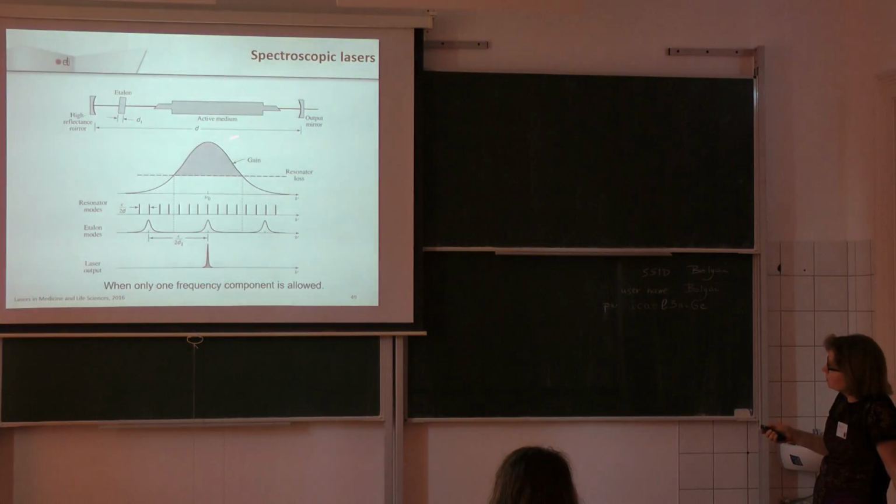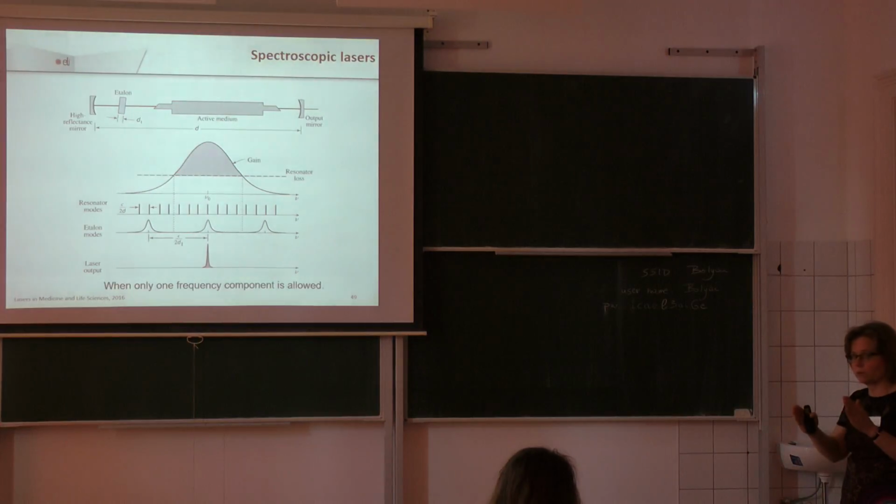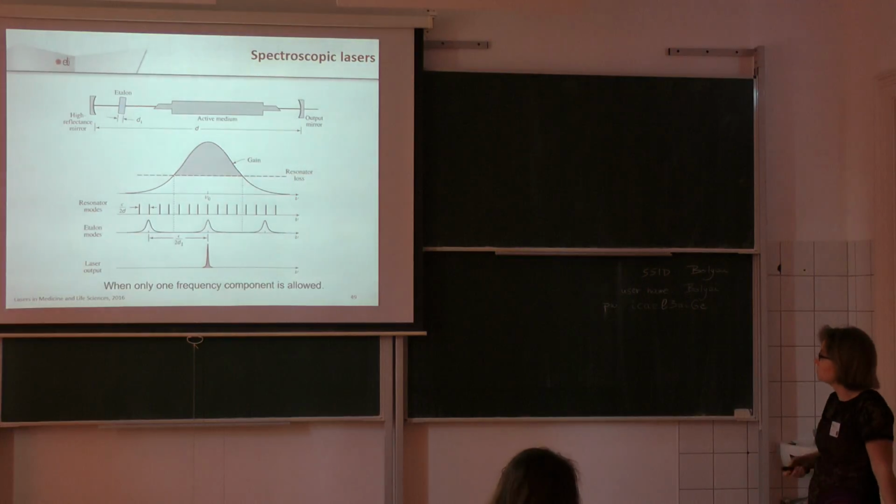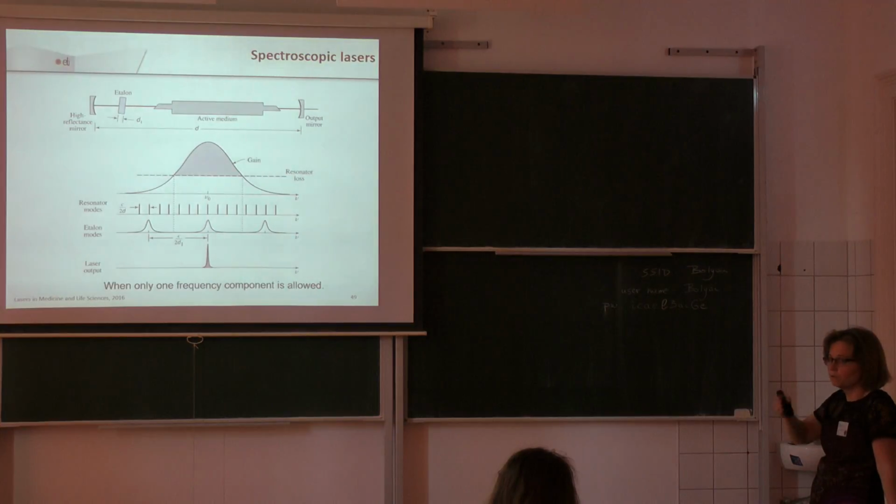The active medium always has a bandwidth. Within this spectral range, it can amplify light. Outside, it cannot amplify because it doesn't have energy transitions. So these two, the gain curve of the active medium and this frequency comb, will determine what frequencies can actually be amplified in the laser.